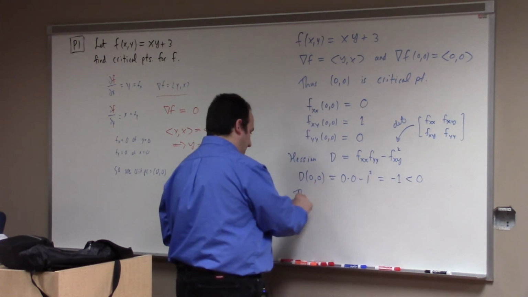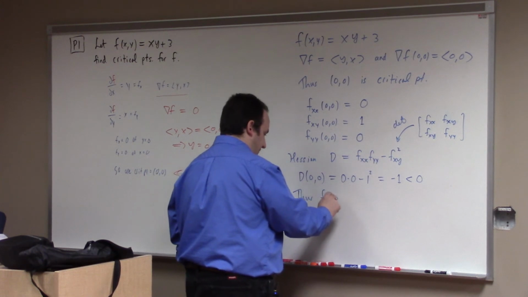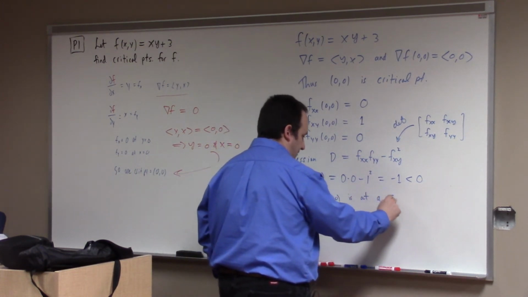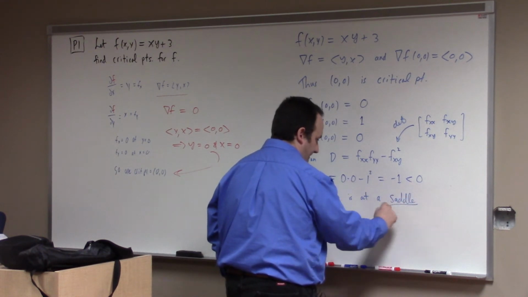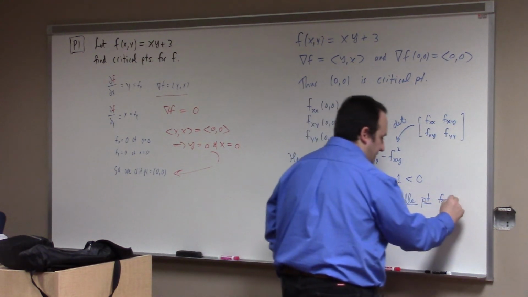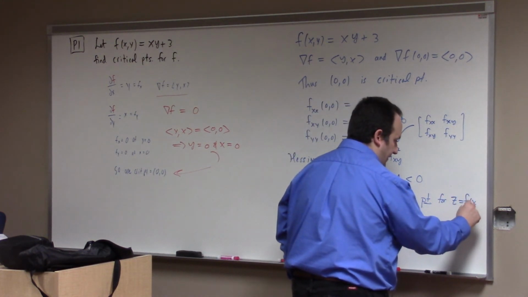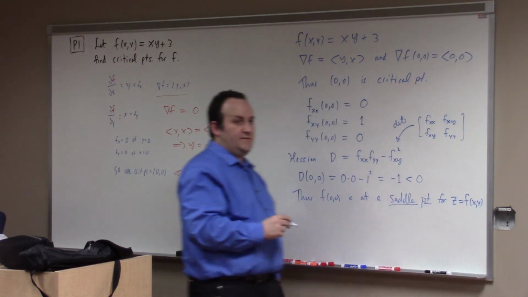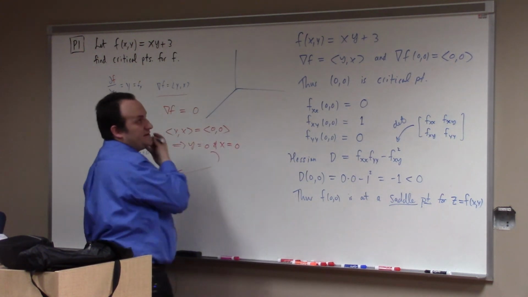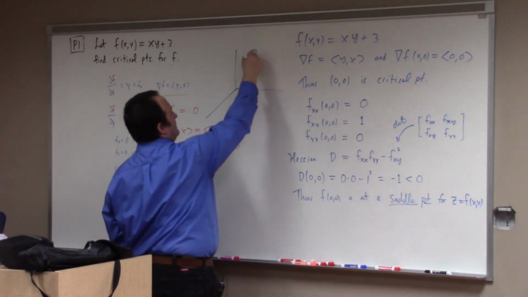So thus, f at (0,0) is a saddle point. And here I actually mean it directly in terms of the geometry of the graph. If you were to plot z equals xy plus 3, what would it look like?